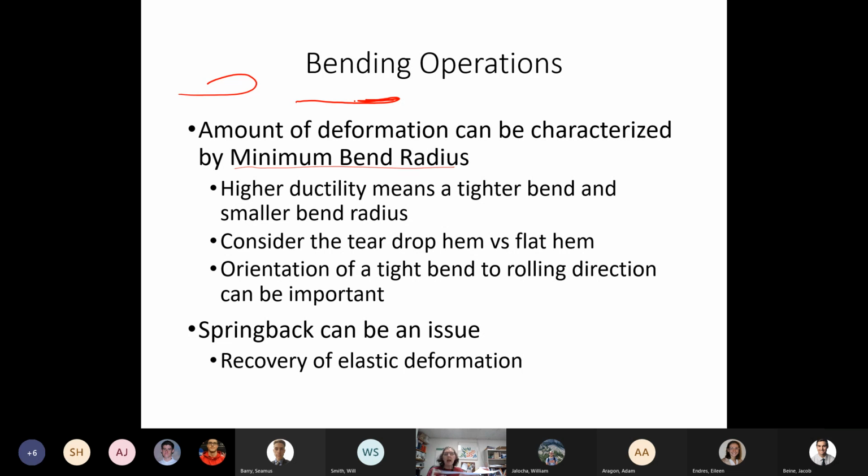So if I'm looking at the sheet, are we flat like this, which would be a flat hem, that's a very small radius, or do we have more of a larger or teardrop? So that's something we want to look at: the orientation of a tight bend to the rolling direction.